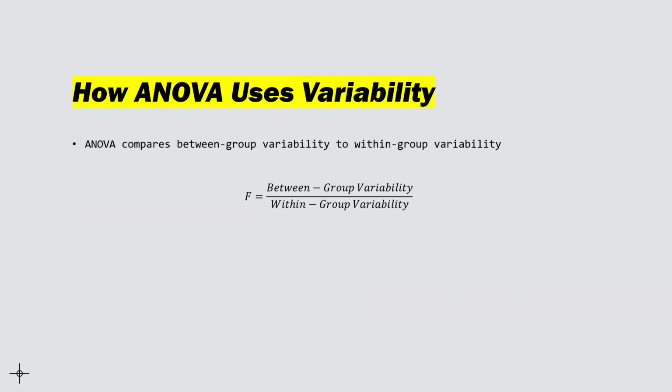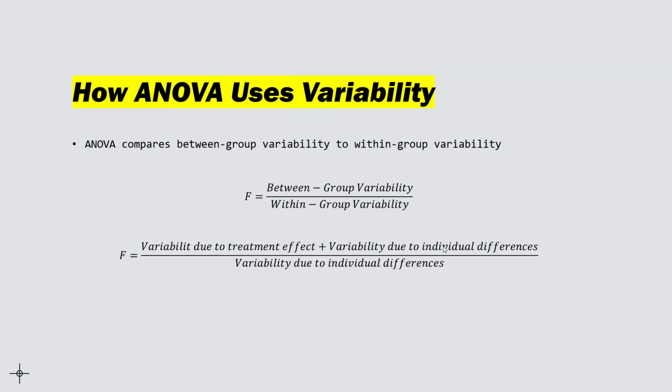But again, between group variability is based on individual differences and the treatment effect, whereas within group variability is only based on individual differences. So we can change this formula to be this, and that should be variability.